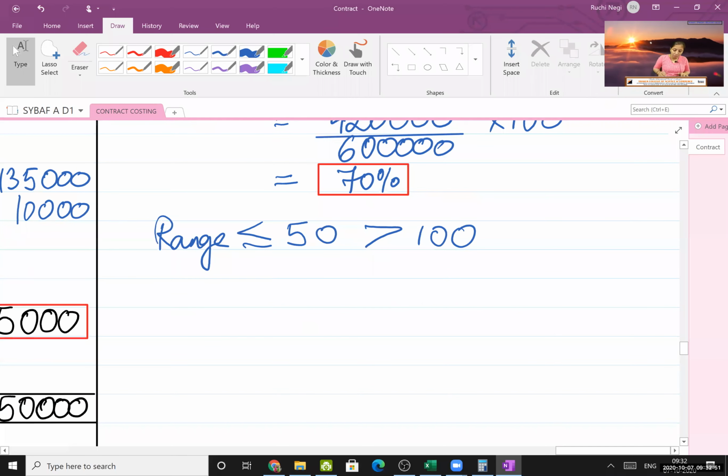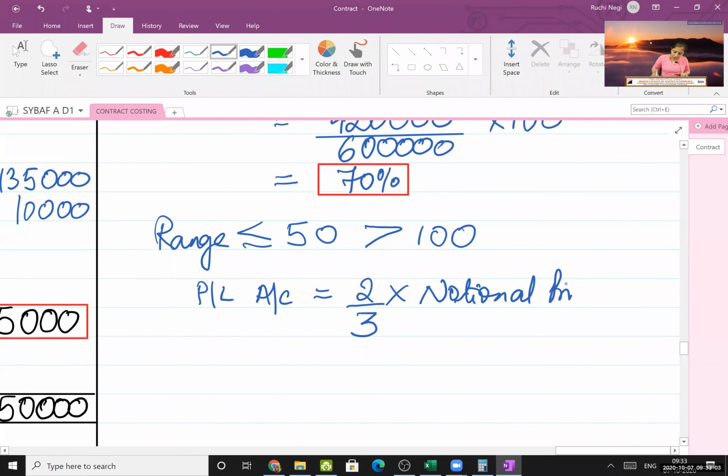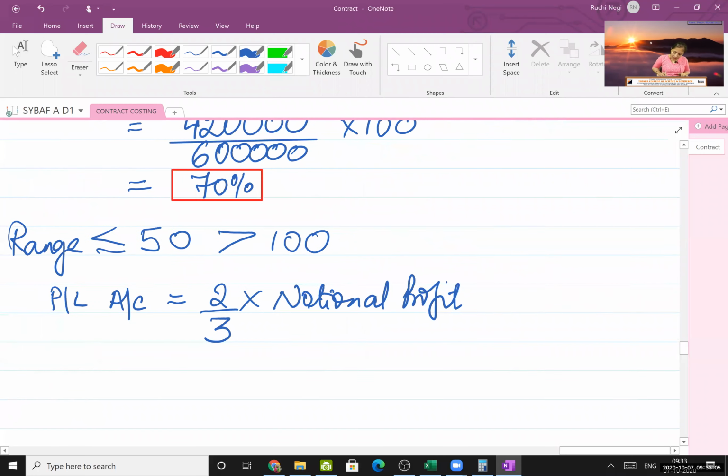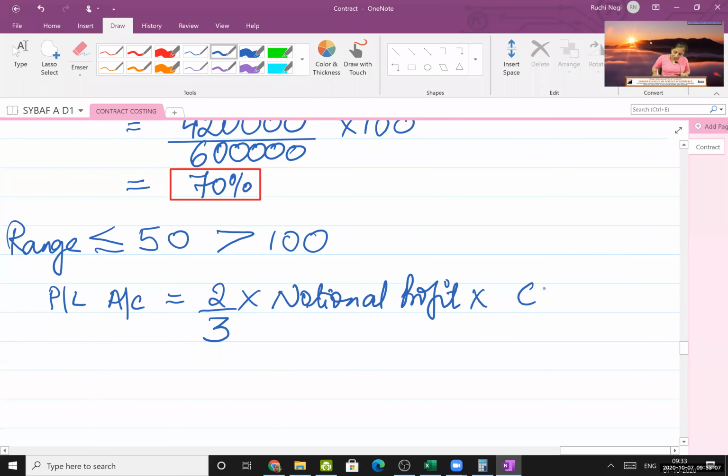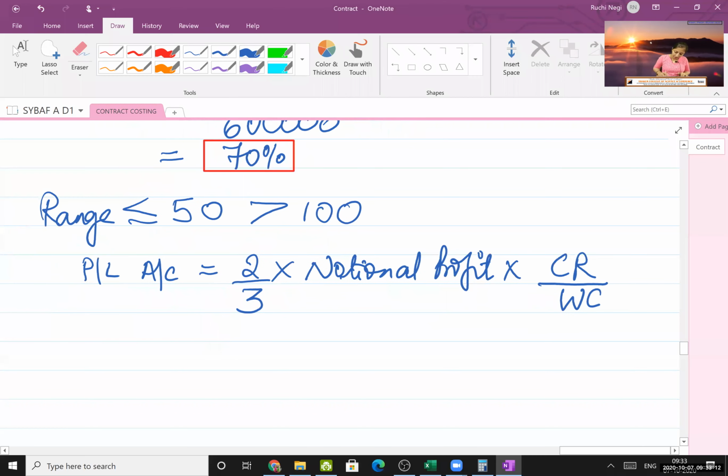So what is the formula? P&L account is equal to 2 by 3 into notional profit into cash received upon work certified.